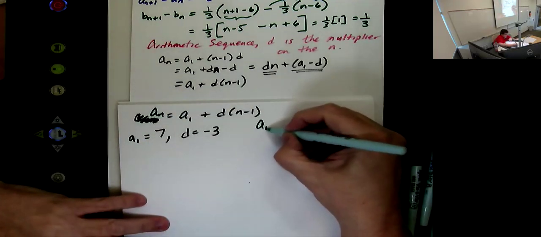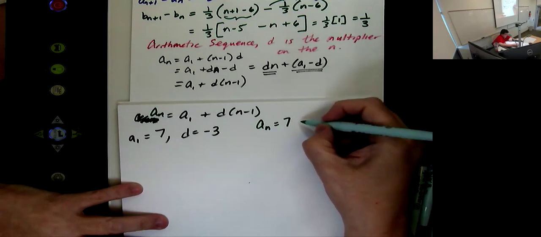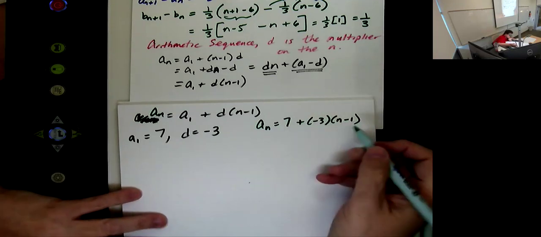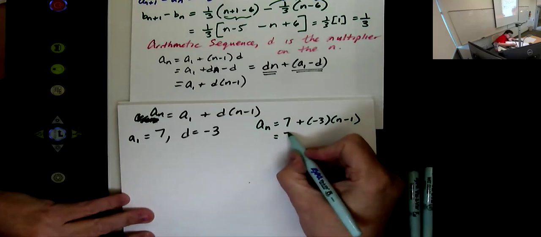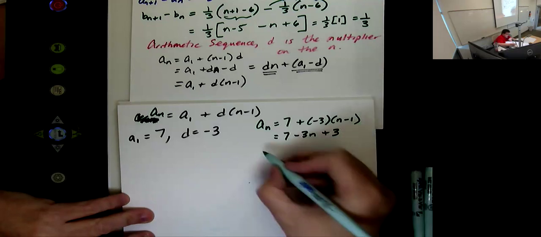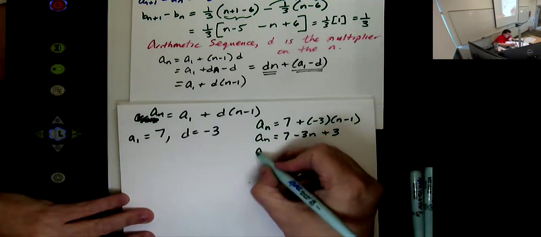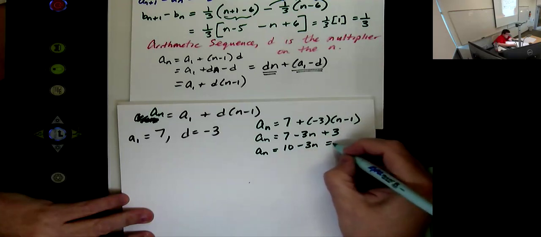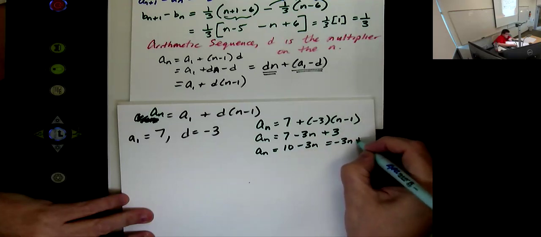So a sub n equals 7 plus -3 times n minus 1, which equals 7 minus 3n plus 3. Or a sub n equals 10 minus 3n. Or if you want to put the n first, -3n plus 10.